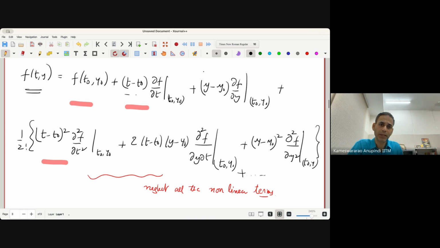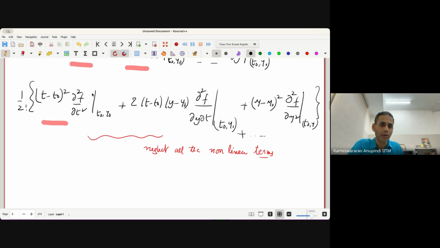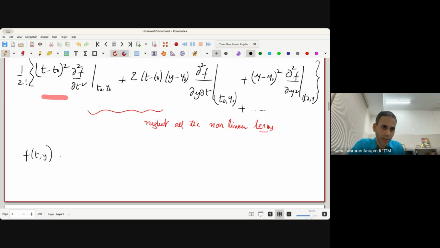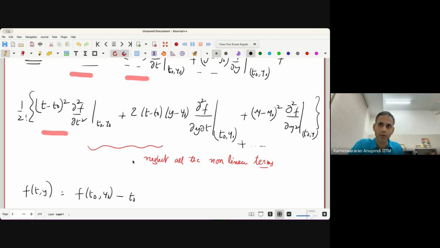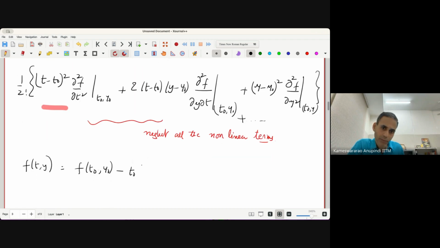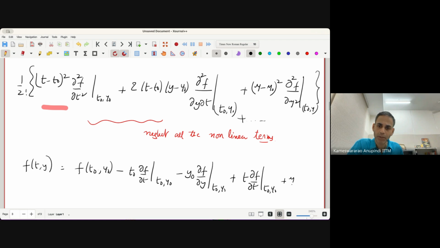Actually 5 terms, because I get 2 terms from here, 2 terms from here, and then 1 term which I'm going to write here again. f of t comma y equals f of t naught comma y naught, minus t naught times partial f by partial t at t naught comma y naught, and then minus y naught times partial f by partial y at t naught comma y naught, and then plus t times partial f by partial t at t naught comma y naught, plus y times partial f by partial y at t naught comma y naught, right? That's what I have.